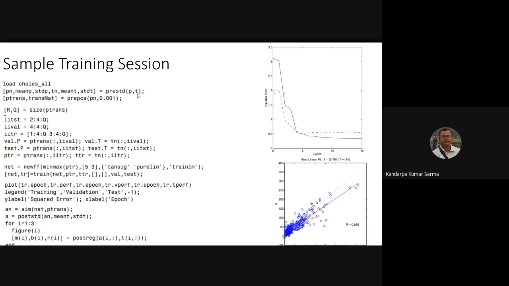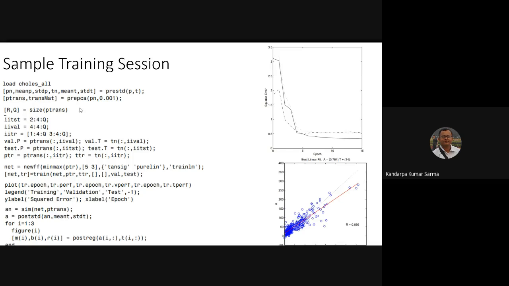So we have here considered the pattern and target coming from the cholesterol data set that is built in the MATLAB package. Now, from that particular pattern and target set, here we have done a standard deviation. We have reinforced the standard deviation part before, and so we have used the pre-STD function.